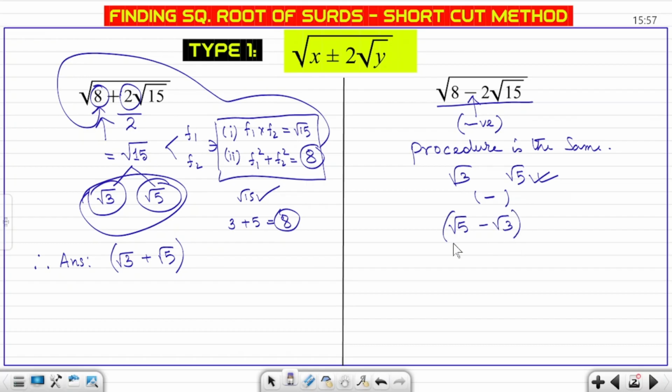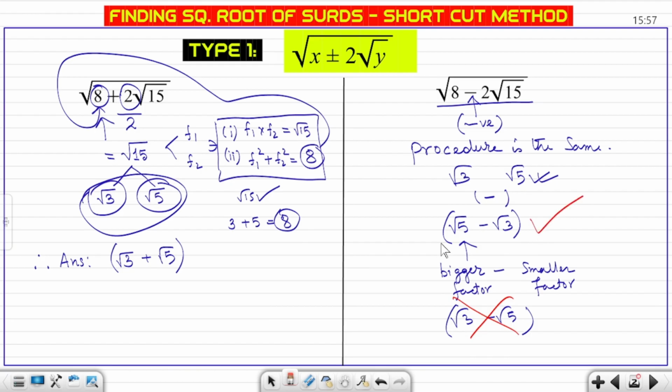The bigger factor minus the smaller factor. If you write root 3 minus root 5, this would be wrong. This is correct: the smaller one should be subtracted from the bigger one.